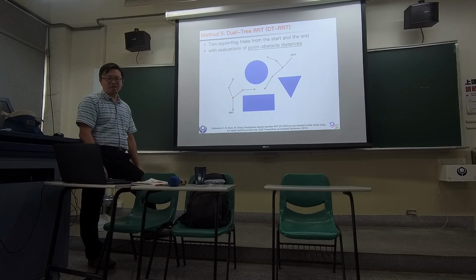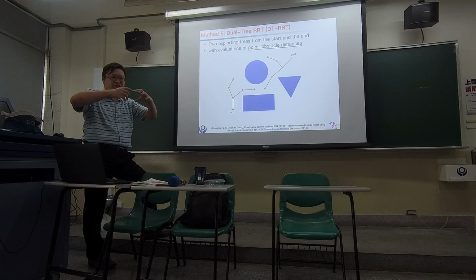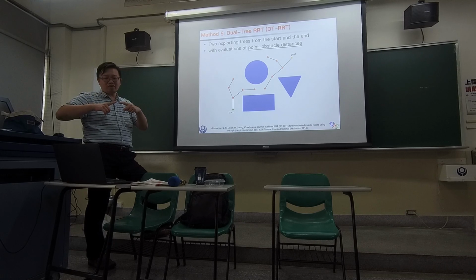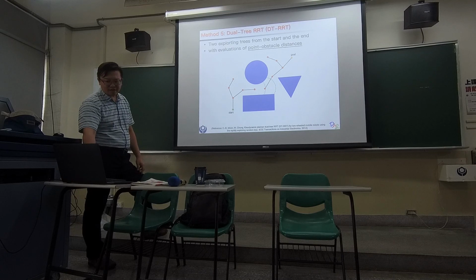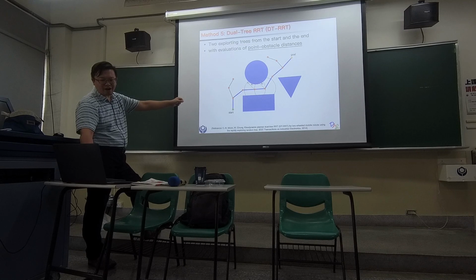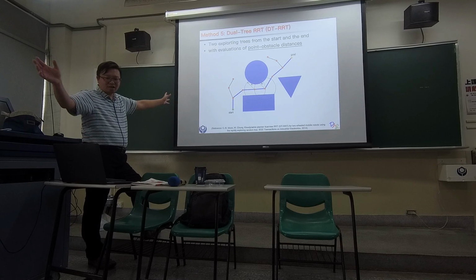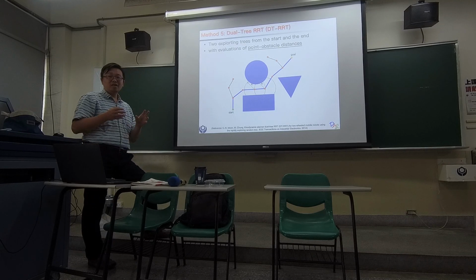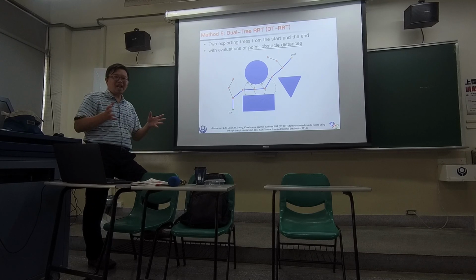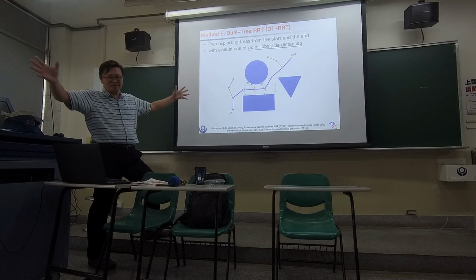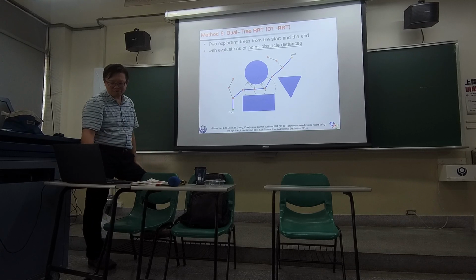Until both branches have a single point closer to the other one, then they connect those two neighboring points so that they find a complete trajectory. They believe this dual-tree RRT allows you to explore less space. You don't want to explore the whole world, right? You just want to explore what's possible.